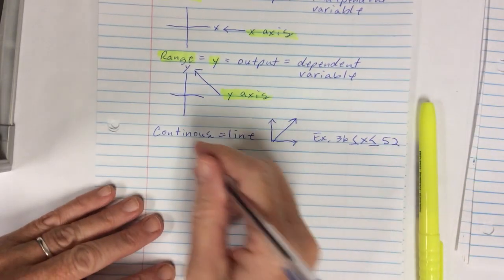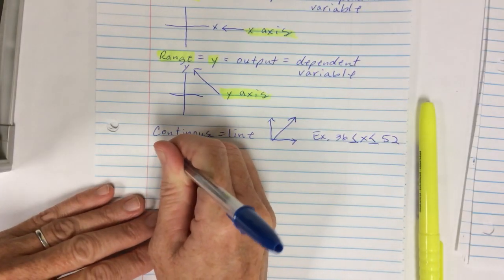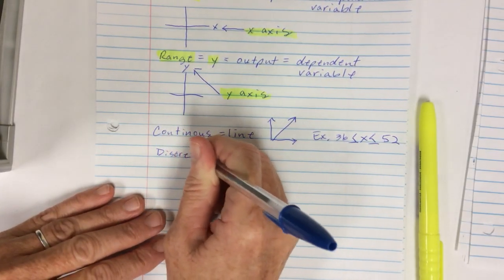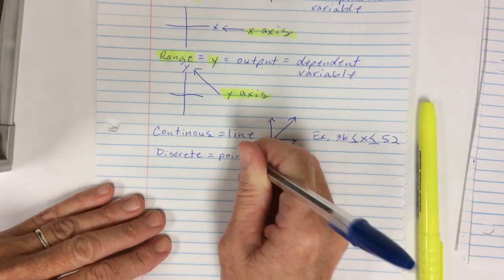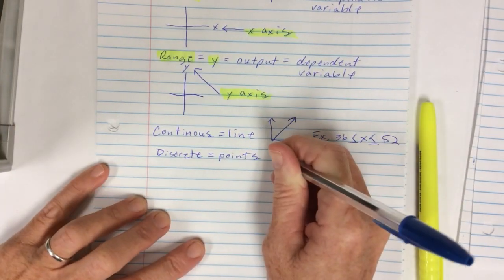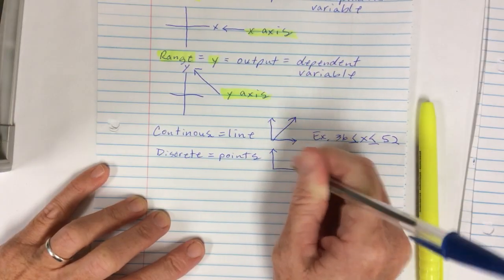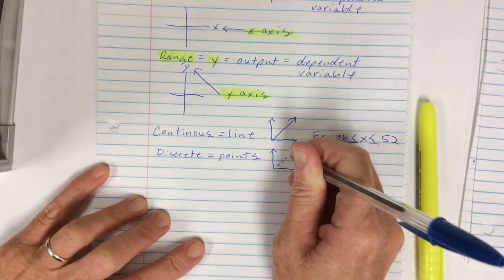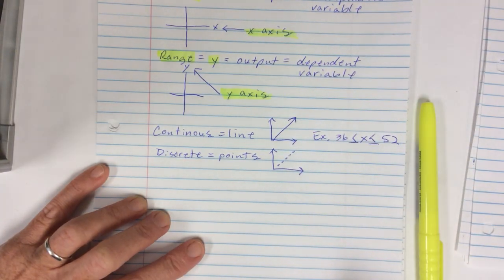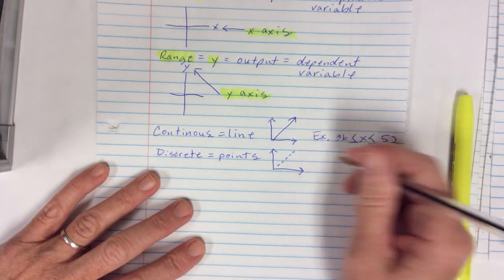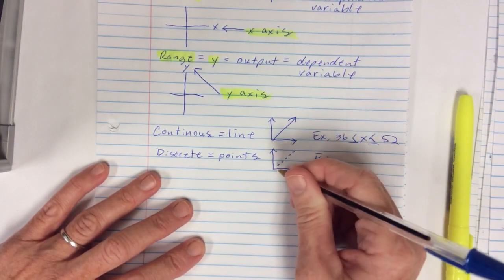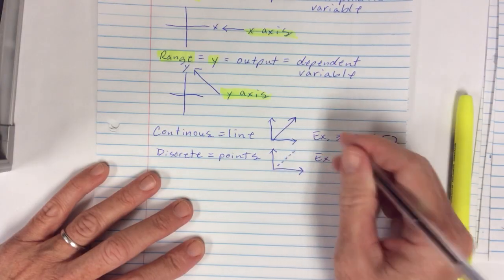The next vocabulary is discrete. Those equal exact points. Here's an example on the graph. And that would be when they put exact points. So what they're looking for is the exact points on the graph.